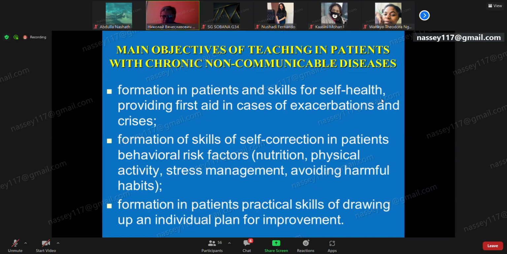Formation of skills of self-correction in patients with behavioral risk factors such as nutritional problems, obesity, correction of physical activity, stress management, avoiding harmful habits such as smoking or drinking. Formation in patients of practical skills of drawing up an individual plan for daily or at least weekly improvement.